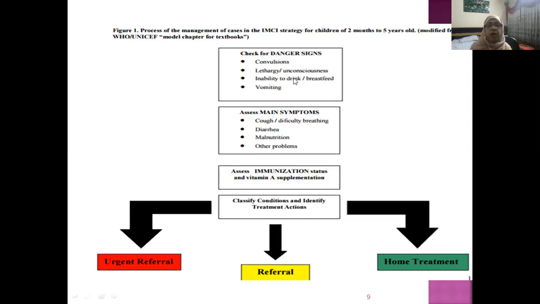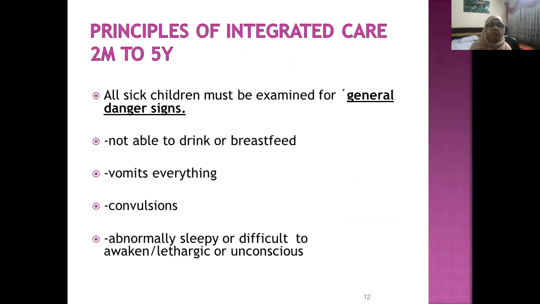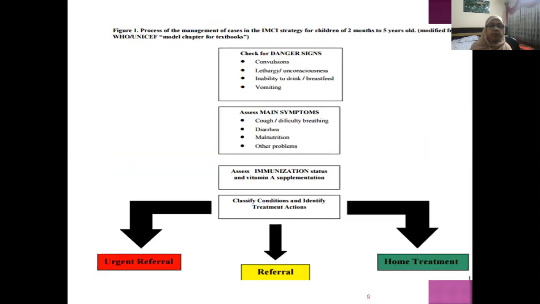And you have to ask for the immunization status of the child, and you have to give vitamin A supplementation as well. And then after asking all these things, you have to classify the condition and identify the treatment action you need to give for the child.